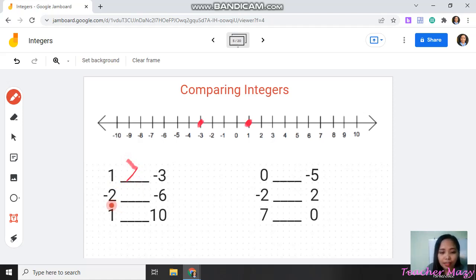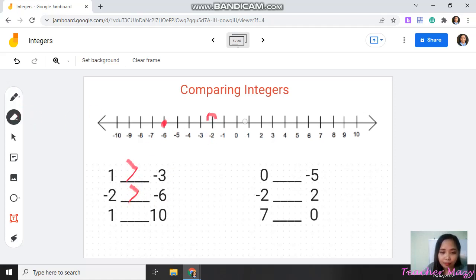Next, we have negative 2 and negative 6. Let's compare them. Negative 2 is here and negative 6 is in this part of the number line. So negative 2 is on the right side, which means it is bigger than negative 6.